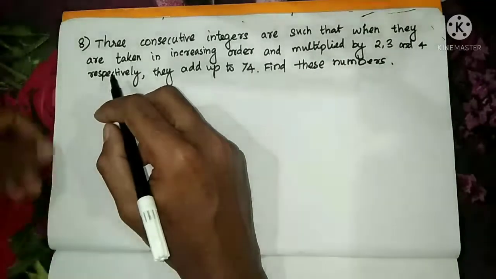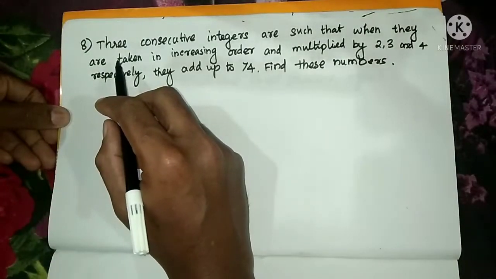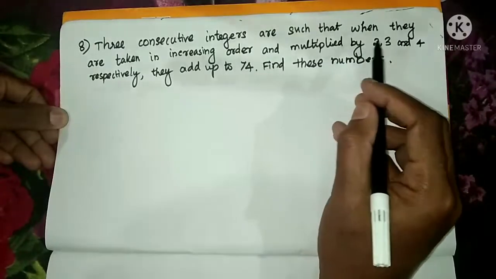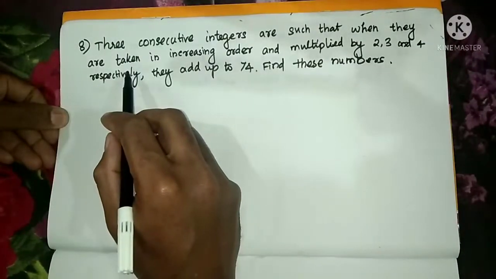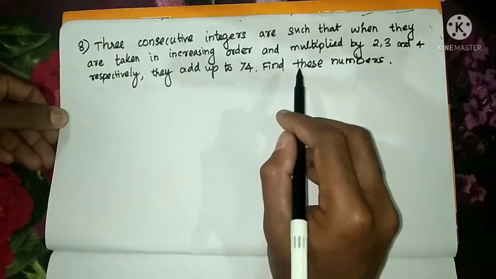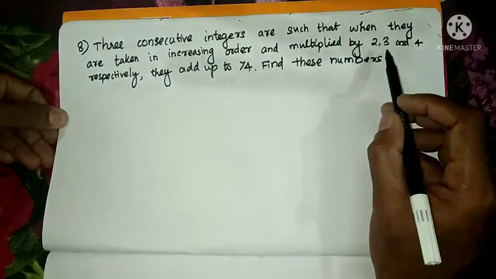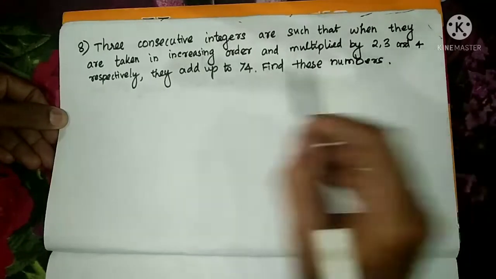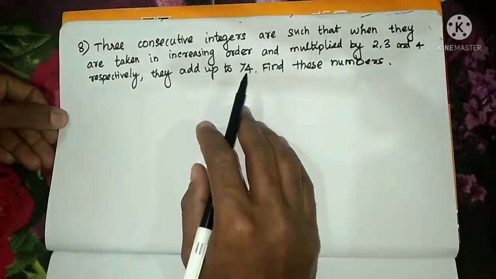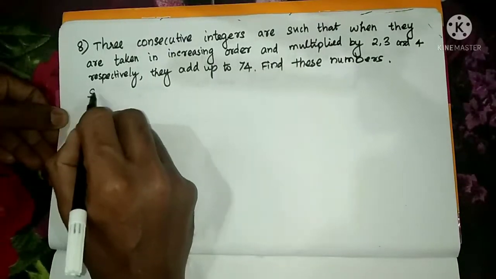Let us solve question number 8. Three consecutive integers are such that when they are taken in increasing order and multiplied by 2, 3 and 4 respectively, they add up to 74. Find these numbers.